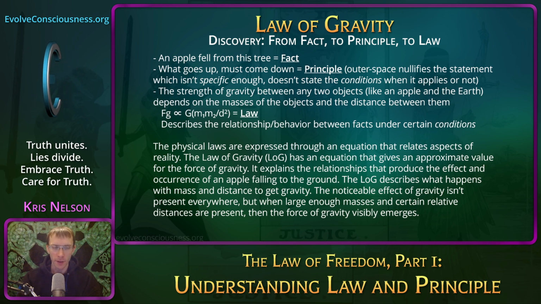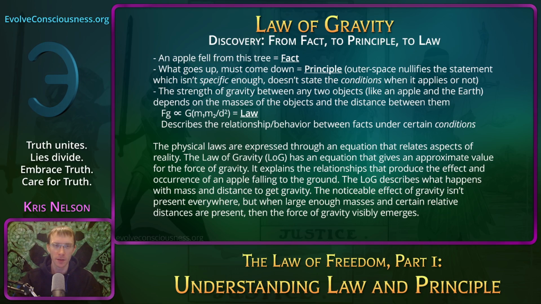The law of gravity has an equation that gives an approximate value for the force of gravity. It explains the relationships that produce the effect and occurrence of an apple falling to the ground. The law of gravity describes what happens with mass and distance to get gravity. The noticeable effect of gravity isn't present everywhere, but when large enough masses and certain relative distances are present, then the force of gravity visibly emerges.